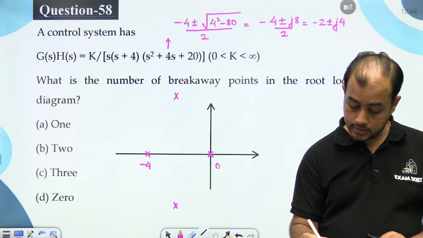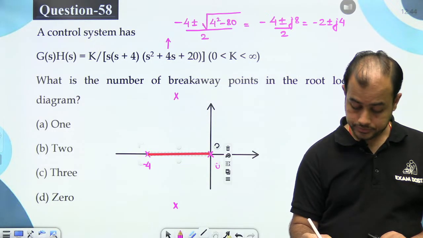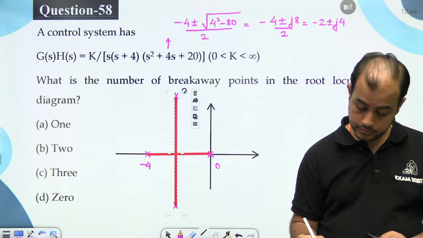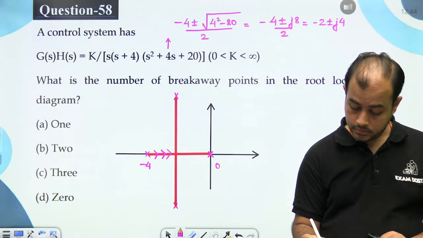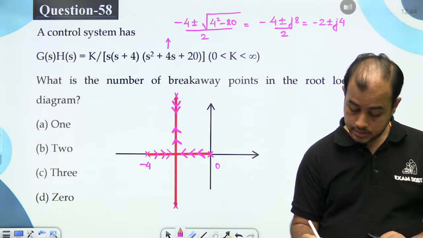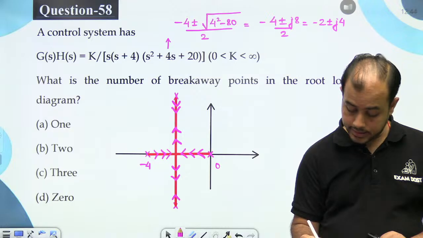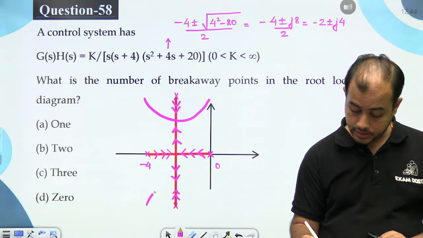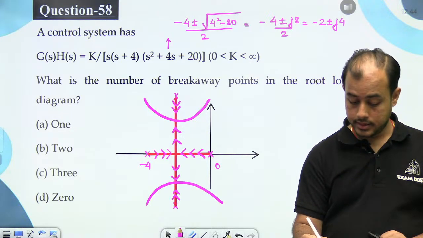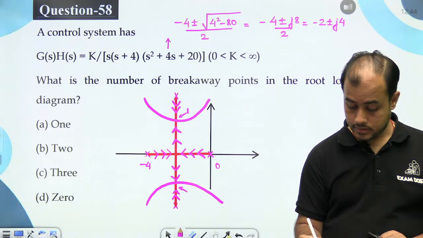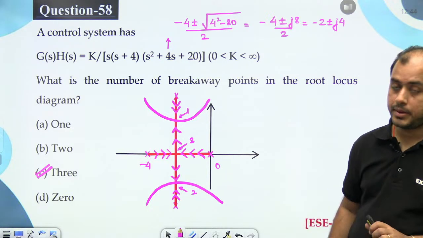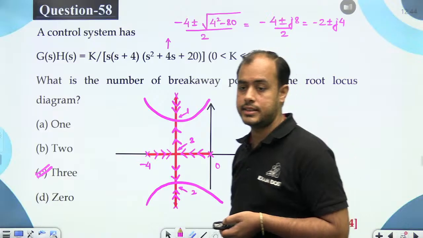So beta, the locus is like this. So basically there are 3 breakpoint. The 2 are complex and 1 is real. This is 1, 2, 3. तो ये इसका रूट लोकस बनता है 3 ब्रेक पॉइंट, 2 कॉम्प्लेक्स, 1 रियल.